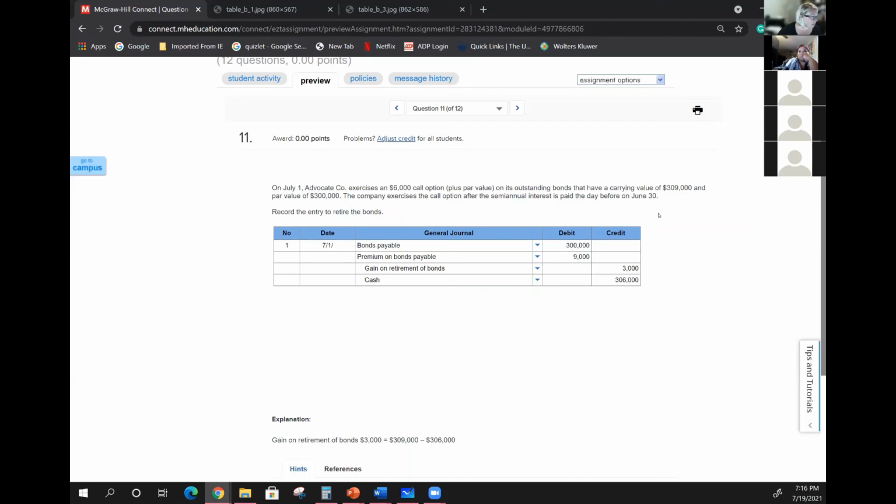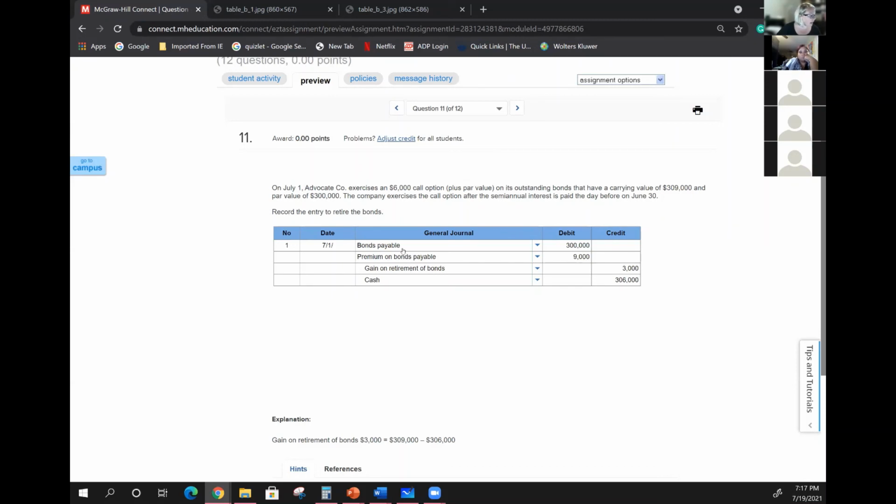It's telling me that the carrying value is 309,000, so I know that I have to clear off that 9,000. That's a premium, and the premium is normally sitting as a credit, and then we reduce it by debiting. So we're going to do the debit for premium on bonds for 9,000.